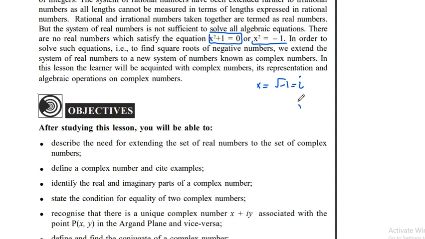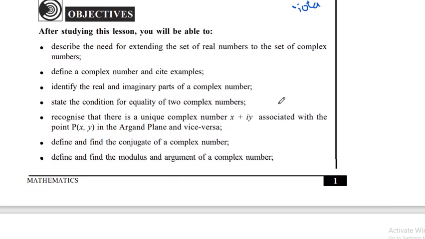It's not an English letter, it's written as i, but it's a Latin letter iota. So iota is a complex number whose square is negative. Iota square is -1.